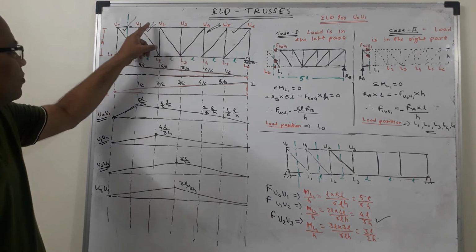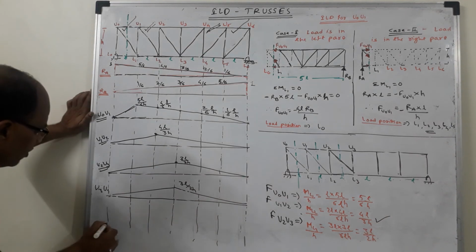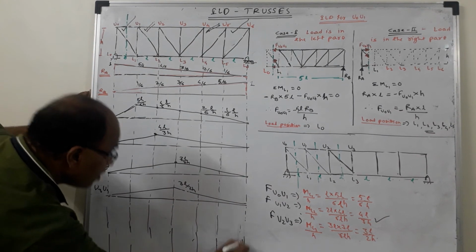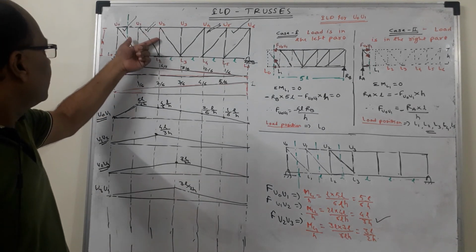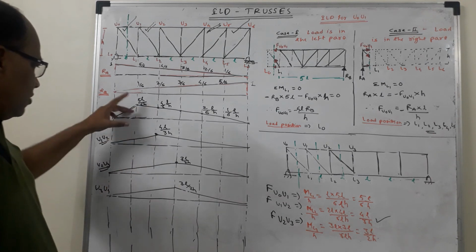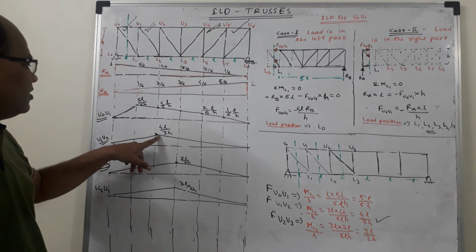Then the ILD for U1, U2 and U4, U5 will be the same, with the only difference that, see what the difference is. For the ILD for U1, U2, the maximum ordinate is 4L divided by 3H.